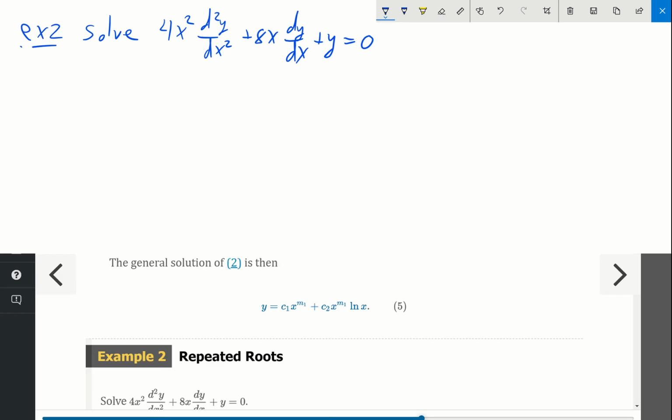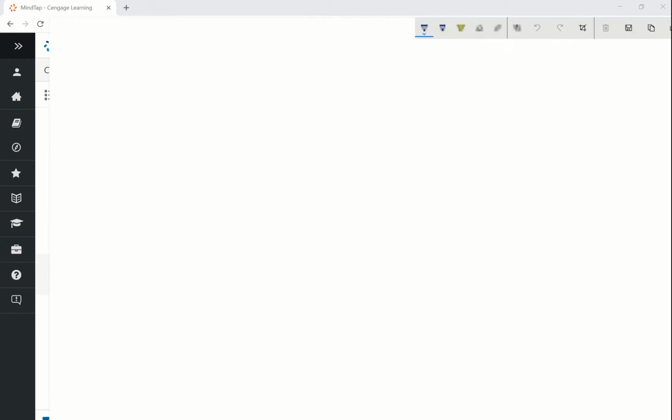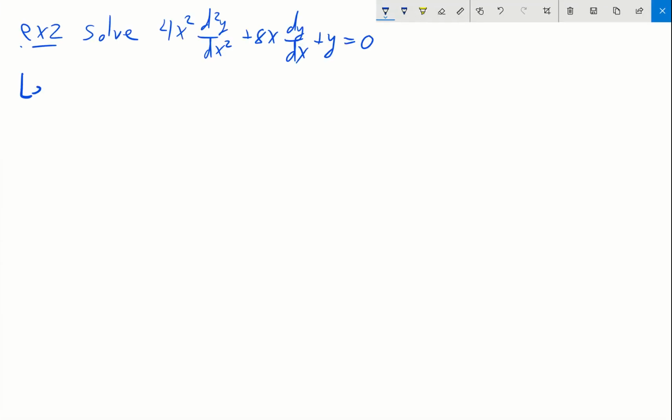We're going to use the following substitution. Let y equal x to the m. We know that the first derivative is going to be m x to the m minus 1.